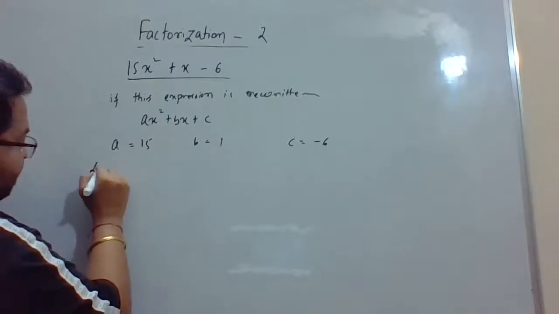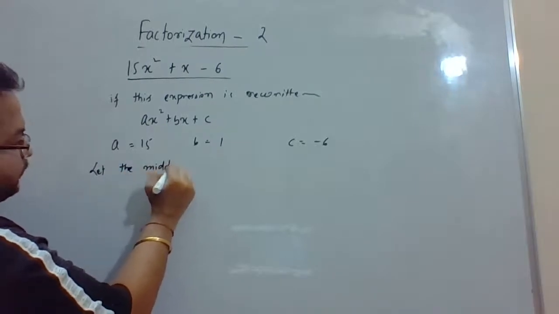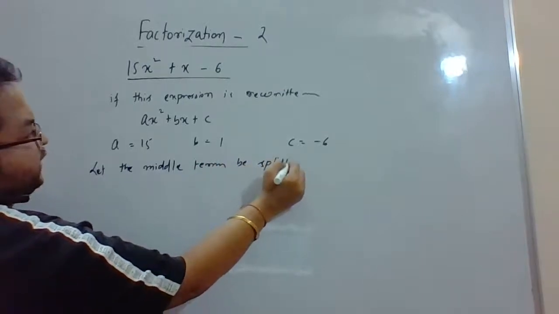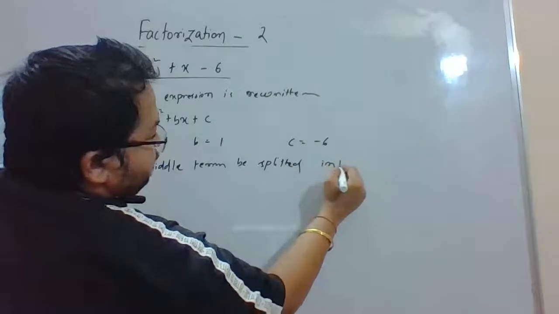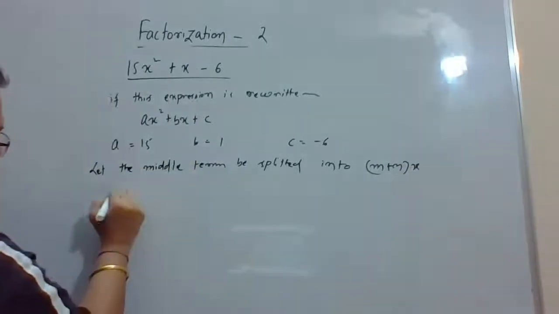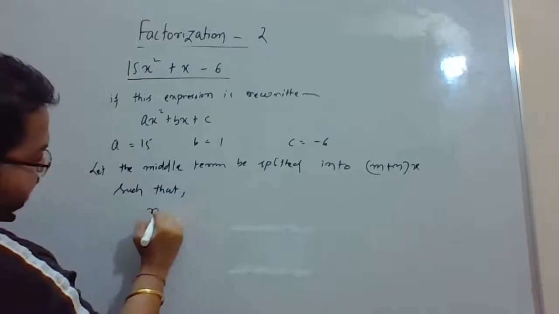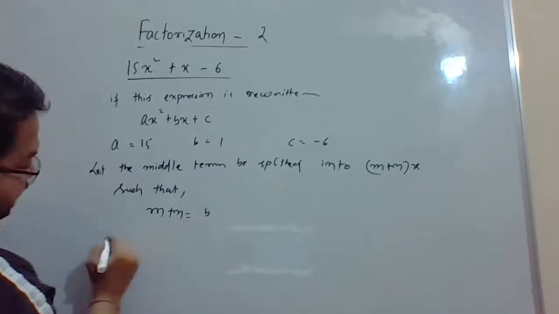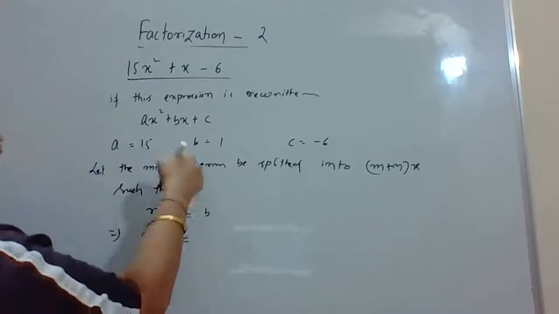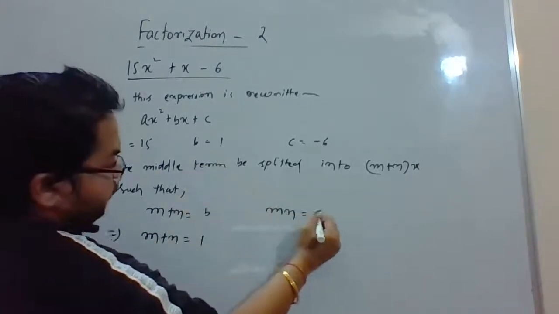So then let the middle term be split into m plus n into x such that m plus n equals b. Here m plus n is 1. And mn is nothing but ac.